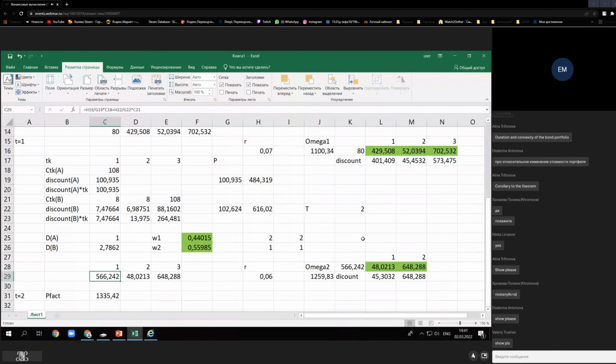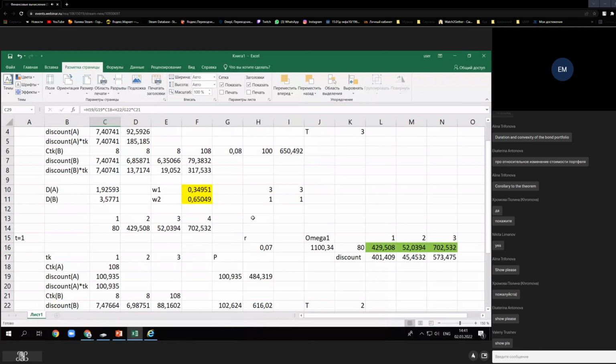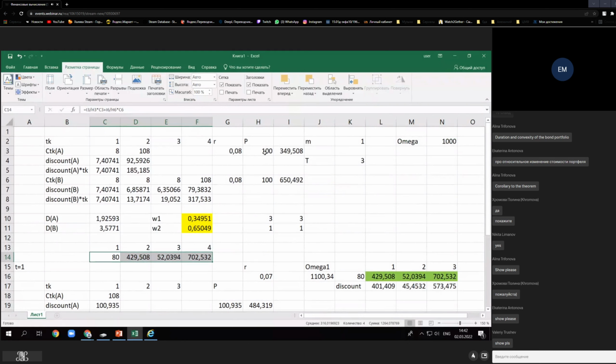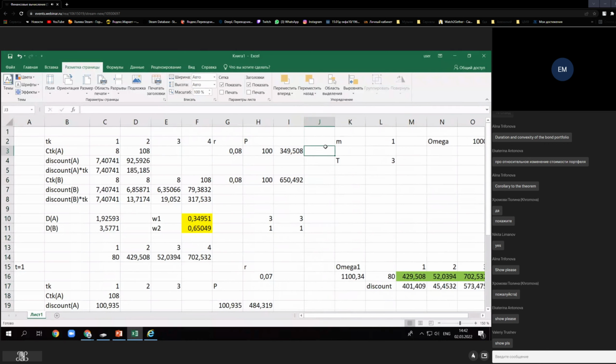This is about the theory of immunization strategy. In real life, of course, you will have a problem when you try to form this construction. If this is the current price and this is the sum we should invest in the first bond, and we try to calculate the quantity of the first bond, we will have a problem, because it means we should buy this amount of bonds and here we should buy this amount of bonds.